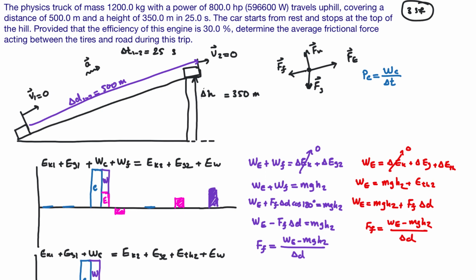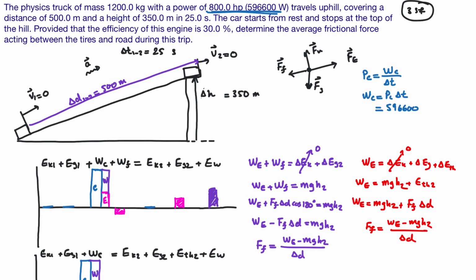And also we know that the efficiency is 30%. So I'm going to use this equation to find WC. The amount of energy that the engine can use every second, which is what the power rating is there, is 596,600.